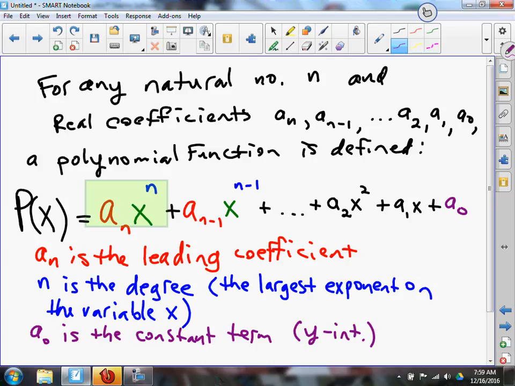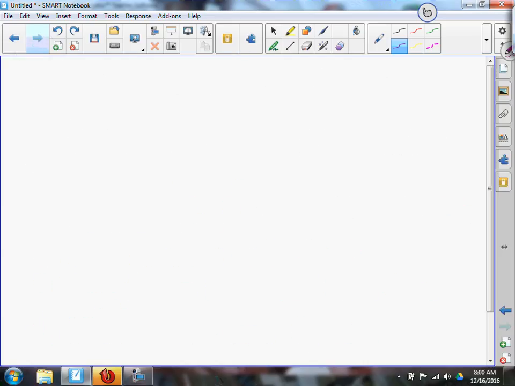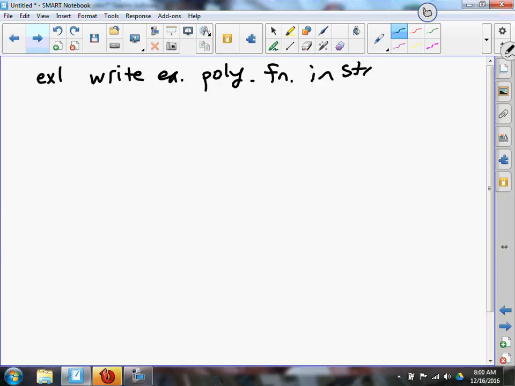If not, the next idea here is standard form. Okay? So this will be our first example. Example 1, write each polynomial function in standard form. Now, the interesting thing about standard form is it's true for all polynomials. It's universal, no matter what country you study them in.